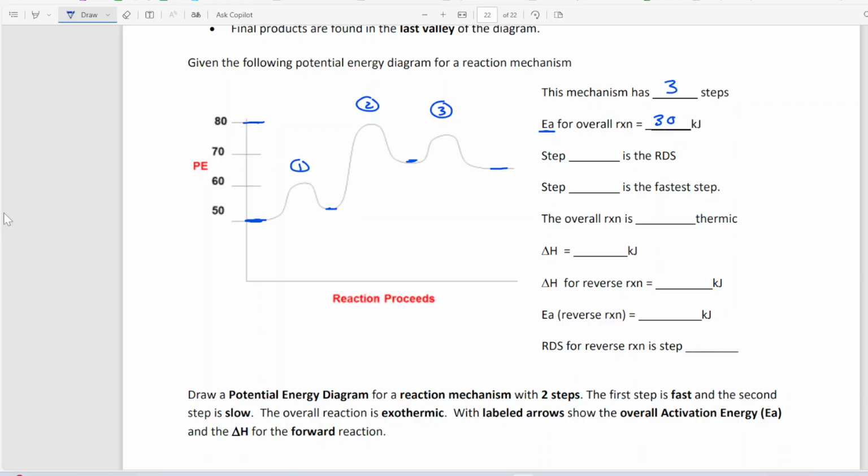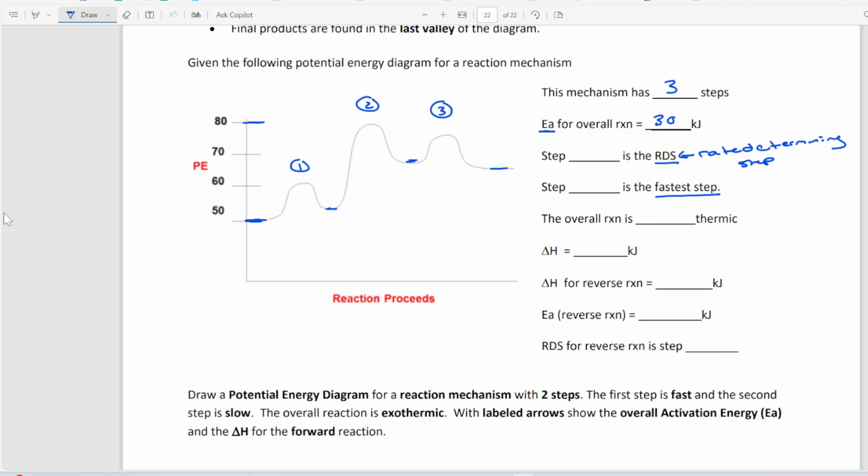Every step has its own activation energy, but if we wanted to look at it, we could use that information to determine which is the rate determining step. So the RDS means rate determining step. So the slowest, and then which would be the fastest. Which one has the highest activation energy? That's going to be your rate determining step.